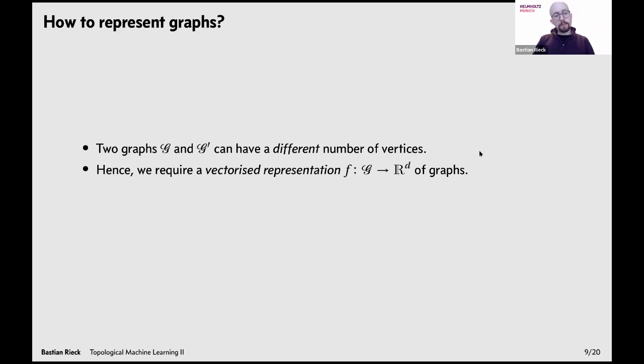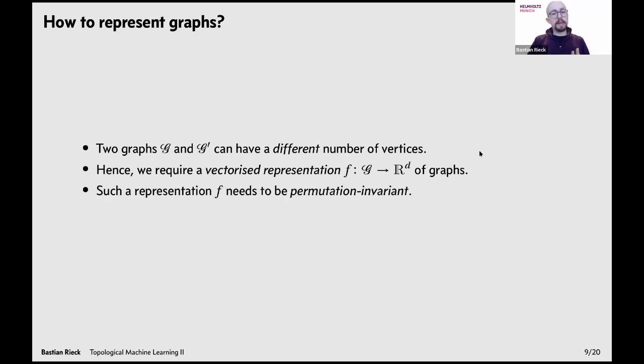And to get a function f that maps from the space of all graphs into a nice vector space, you need to make sure that this map is permutation invariant. Permutation invariance refers to the fact that the ordering in which you provide the nodes and edges of the graph should not influence the outcome.